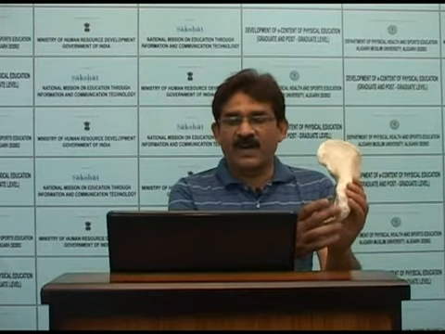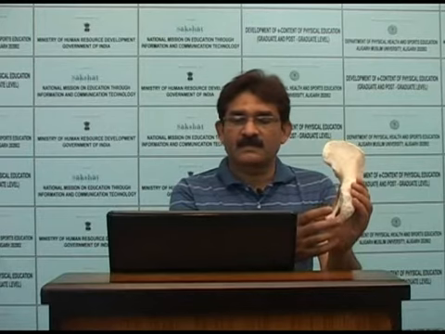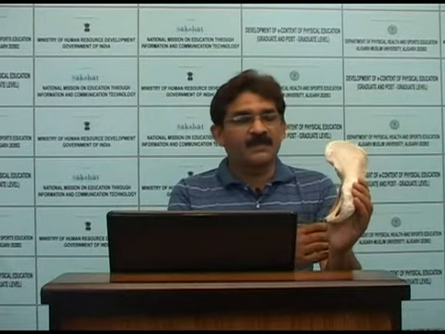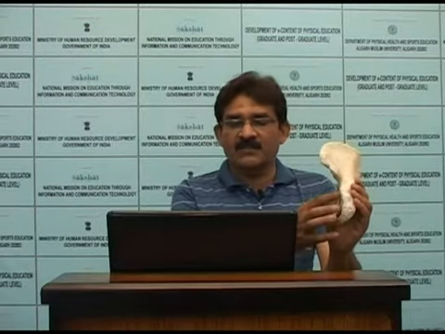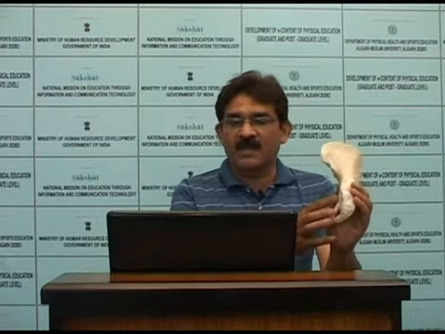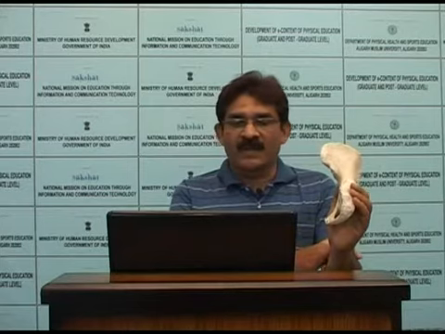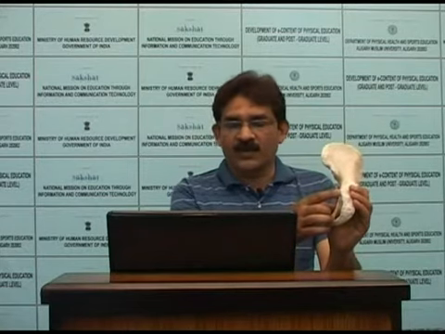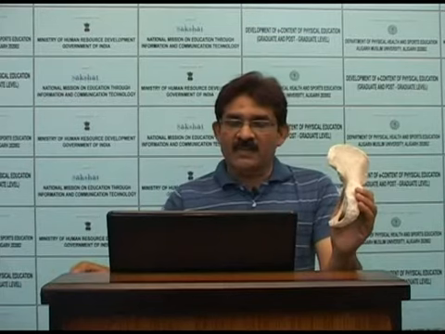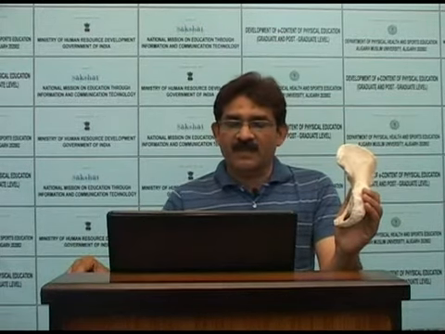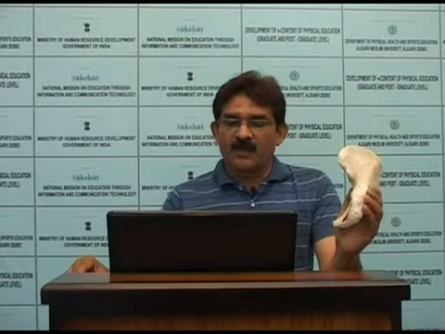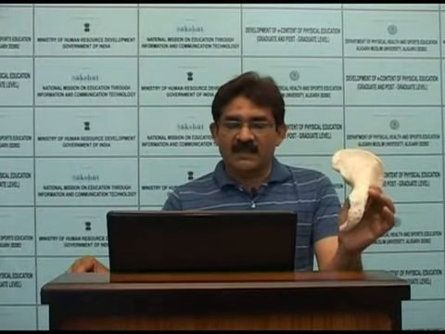This is the pubic symphysis. The body of the pubis forms the anterior and inferior one-fifth of the acetabulum. This is the iliopubic eminence, superior ramus of the pubis, pecten of the pubis, pubic tubercle, pubic crest, symphysial surface, and inferior ramus of the pubis.